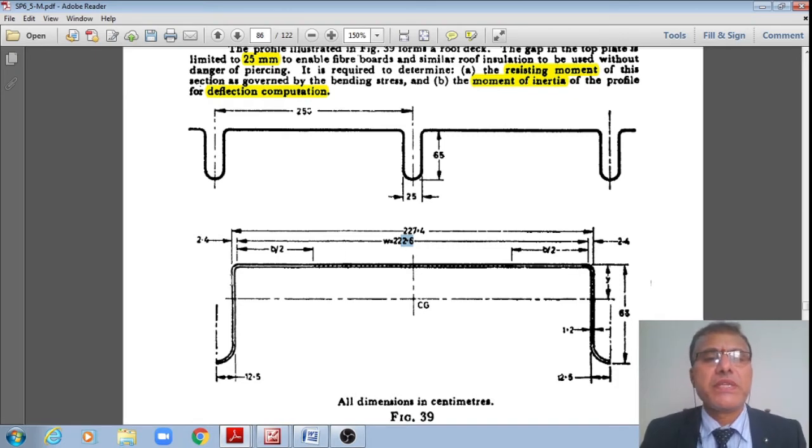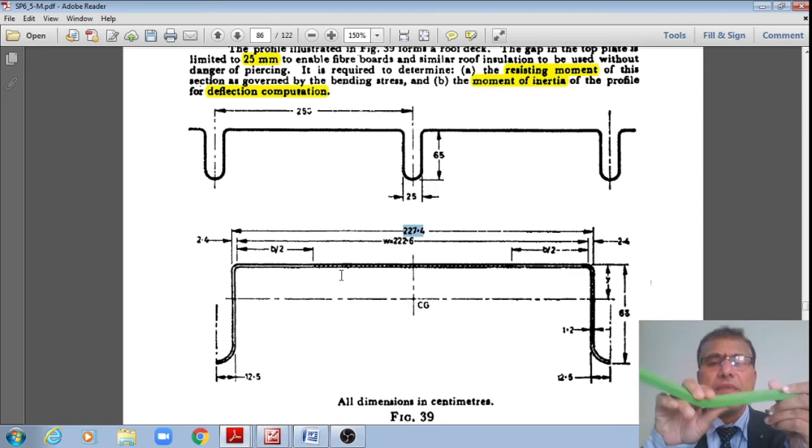Whereas from the end of this web to the end of this web is equal to 227.4. Now, once I see all these dimensions, student, I need to get the effective width of this flange, whether the entire flange is effective or any part of it is ineffective.